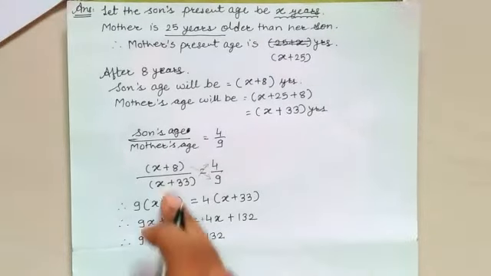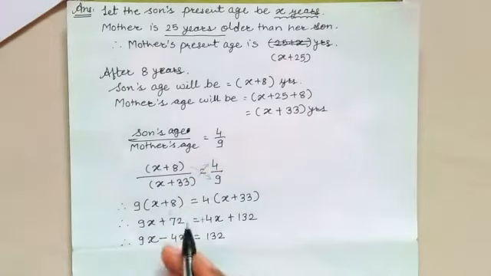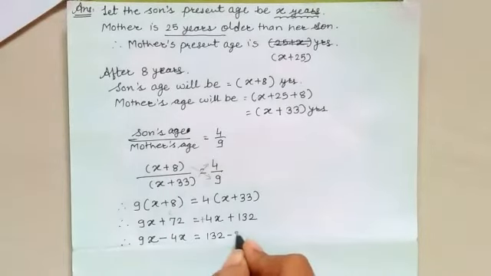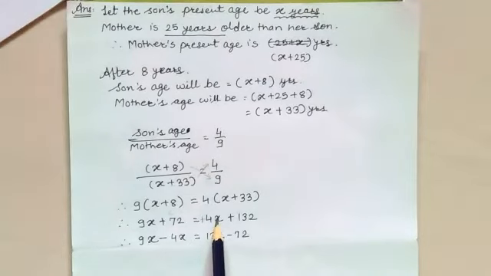That's why we are going to send it to the opposite side. Here this 72 is having a plus symbol, so while going to the opposite side, it will become negative 72. Got it students, what I have done here? Yes, I have sent this 4x near to the 9x, and this 72 is going to be subtracted from the 132. Let's solve this.